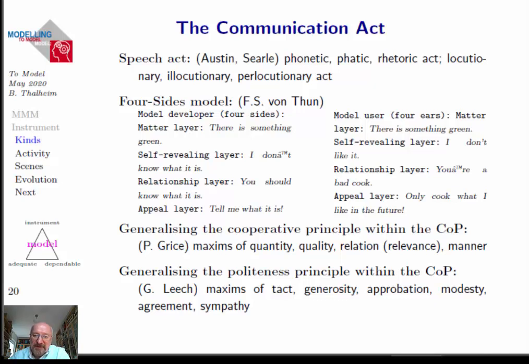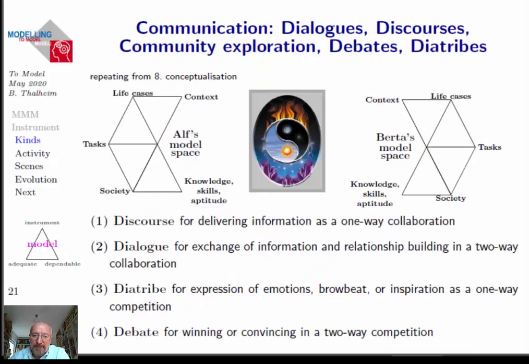To Grice I will come back in a minute. As already considered in communication, we have dialogues, discourses, community exploration, debates and diatribes. We have the world that Alf is living in, the model space of Alf, and the model space of Bertha, and these model spaces somehow can be mapped to each other in a communication act.